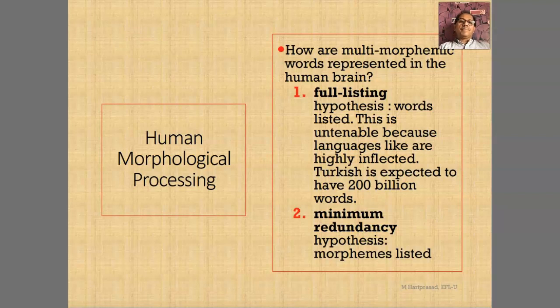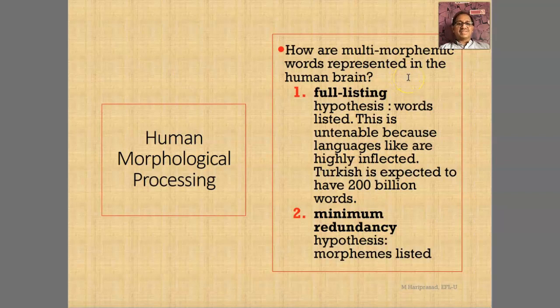So look at how human morphological processing happens. In human morphological processing, if it is a single morpheme word, then it can be stored as it is in the brain. But if it is a multi-morphemic word, how is it represented in the human brain?